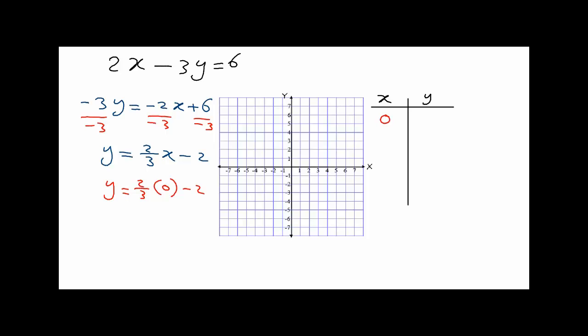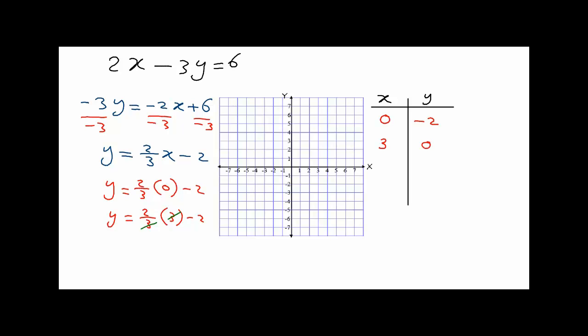This will give us negative 2. Now, suppose that we substitute x by 3. So, y equals 2 over 3 multiplied by 3 minus 2. By simplifying 3 with 3, y equals 2 minus 2, which is equal to 0.